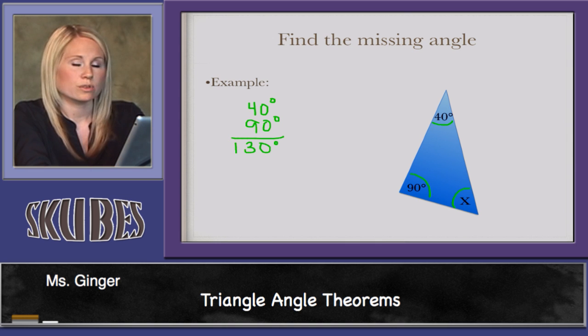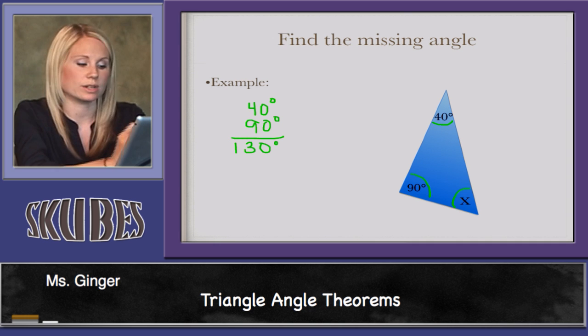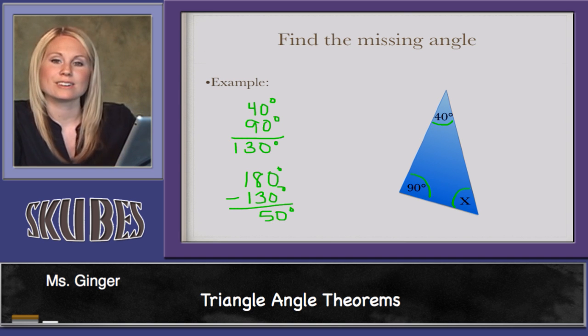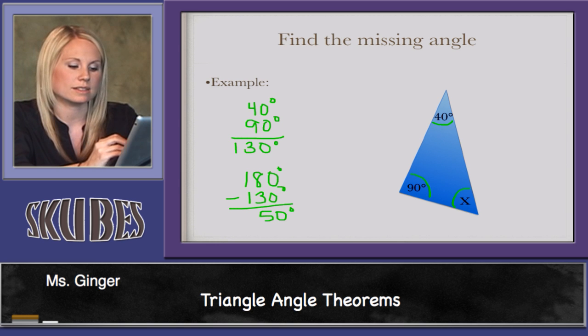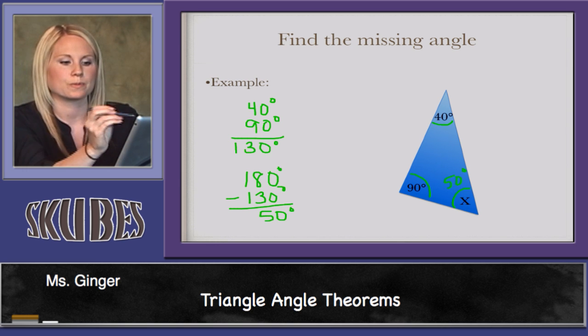So now 130 degrees plus some other missing amount must add up to 180 degrees. So we can find that by subtracting to find the remainder, what's missing. Okay, so what's going to be missing here is 50 degrees, so that means x is 50 degrees. And we can go back and fill that in on our picture if we'd like to.